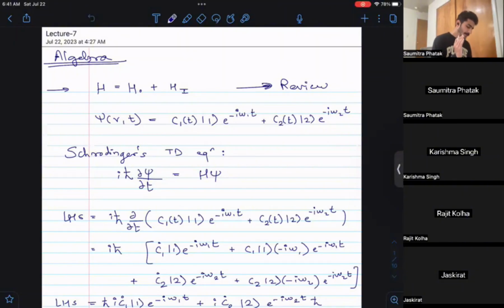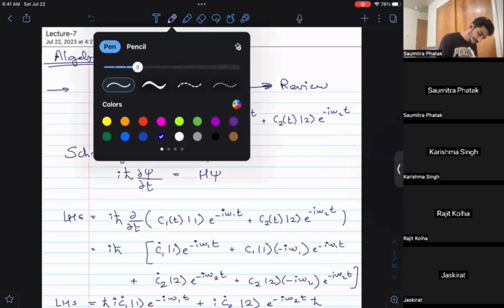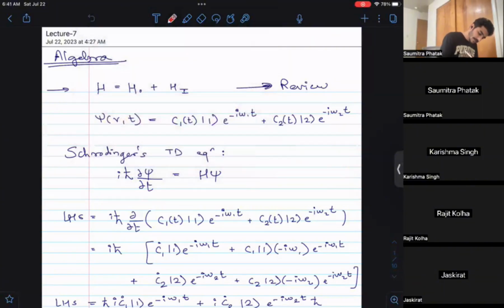Those are coupled differential equations which result when you substitute the Hamiltonian, the interaction Hamiltonian, and the initial Hamiltonian of the atom, which is H0. H0 is the atom's Hamiltonian, and Hi is the interaction Hamiltonian.